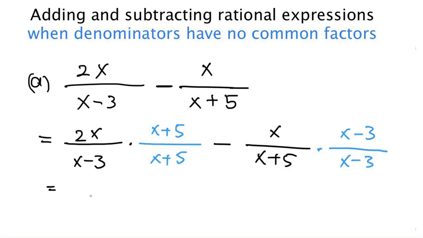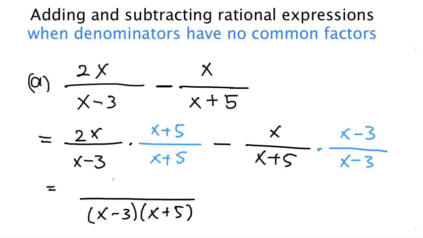Okay, and we multiply numerators together and denominators together. And once again, remember that if you have more than one term, and if you multiply them, you have to put parentheses around the terms.